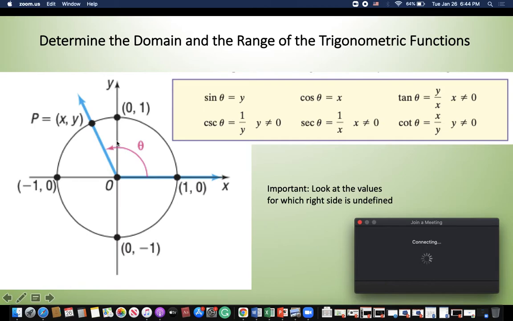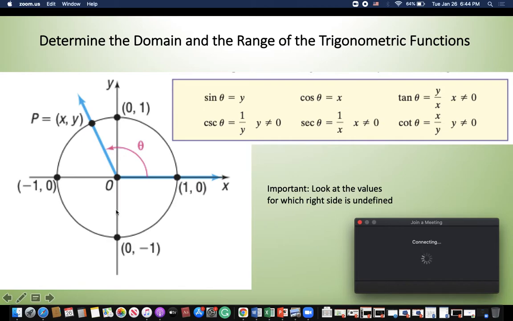So if we come back again and again and again, every time we hit this bar, the tan and the sec will be undefined. And the same thing goes with this line. Every time we hit this exact line, tan will be undefined and sec will also be undefined. That means we come here to 270 degrees, then we come around and again come back here, then again it will be undefined.